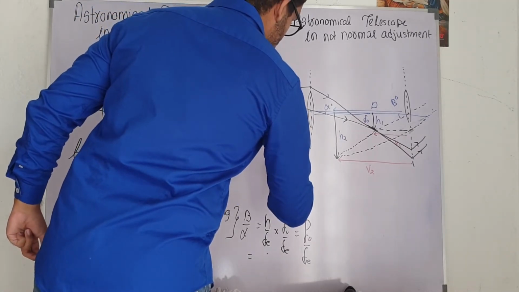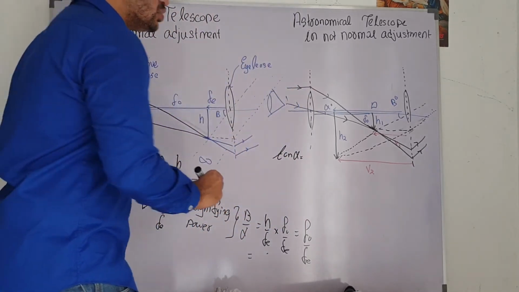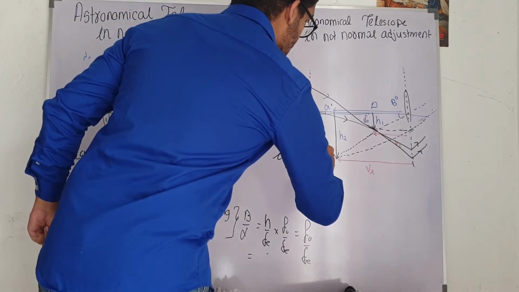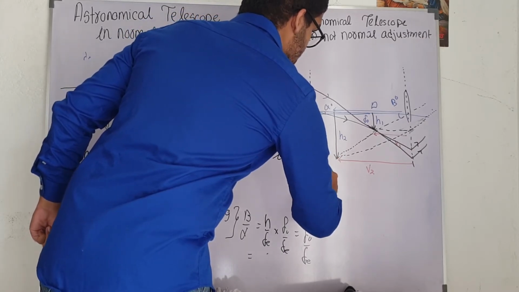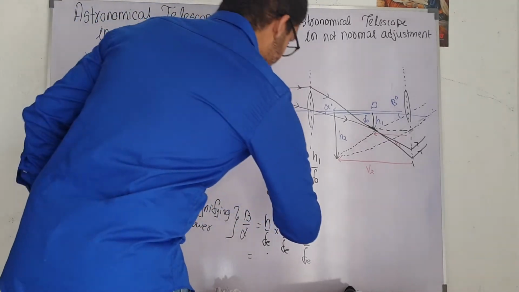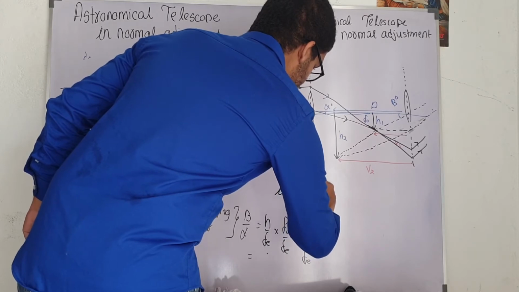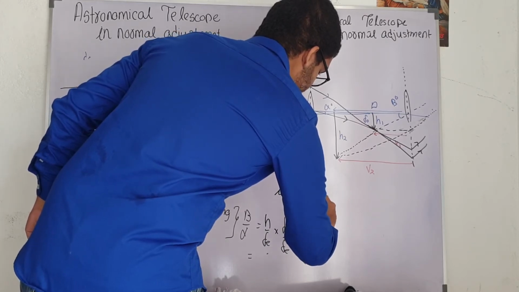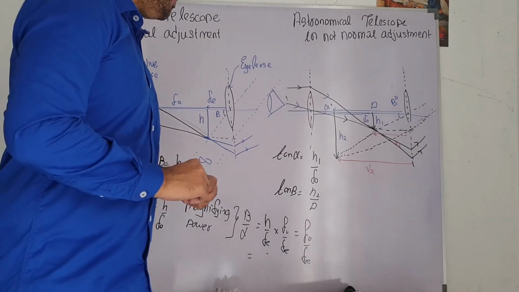First of all, tan alpha is equal to h1 over f naught, and tan beta is going to be h2 over d. What is this d?